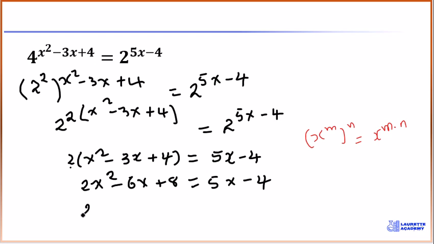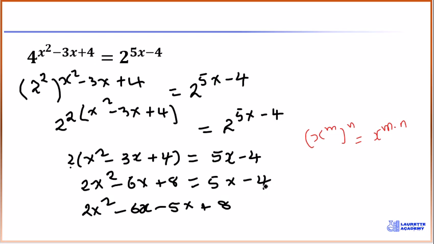We simplify this equation further by bringing like terms together. So we have that 2x squared minus 6x. We have 5x on the right hand side, so we subtract it from the left hand side. So this will be minus 5x plus 8.